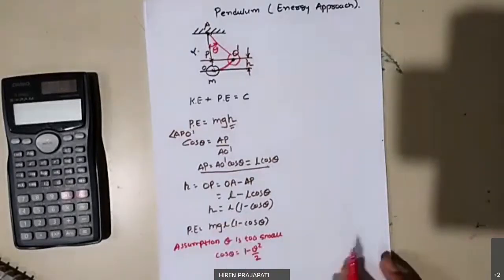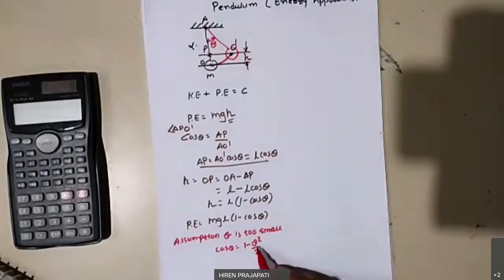Again, you can just try it: consider theta is equal to 5 degrees. For 5 degrees, find cos 5 degrees. Write that value. Here 1 minus theta square by 2. So here instead of theta, just put 5 degrees in radians and solve it. You will get more or less both values the same. Right? So that's why we can write cos theta is equal to 1 minus theta square by 2. So the same I am writing here.